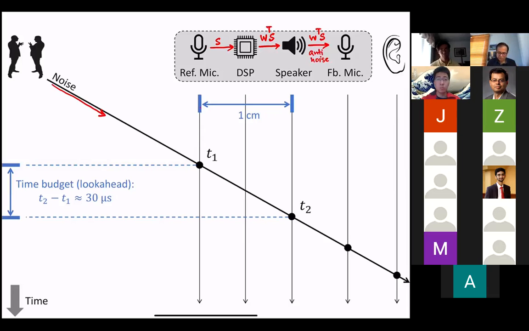So your reference microphone gets it at T1, and let's say instantaneously gives it to the DSP. This is S. Please pay attention. S has to go to the anti-noise speaker, and the anti-noise speaker has to play. Let's say the anti-noise speaker can play immediately at the very instant when it gets the W^T S sound. So how much time does the DSP have to compute W transpose?